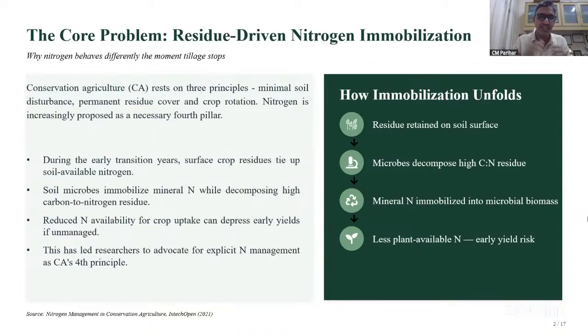If it is not intense rain, or if a prolonged rain spell is there, in between also the farmer can apply the split dose, so he or she will get the maximum nitrogen use efficiency as well as the benefits, in simple terms.